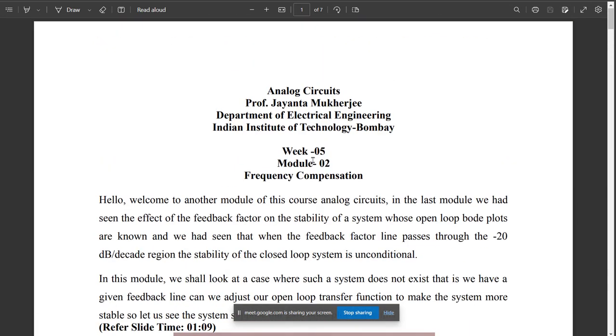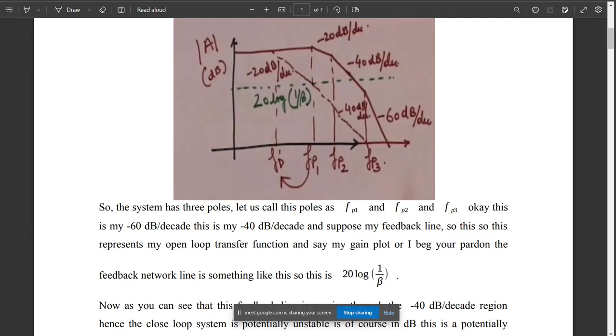So for a simple pole shifting compensation using a shunt capacitor, what generally happens is, this is a system, let's say. And we know that if the system has one pole, it will always be stable.